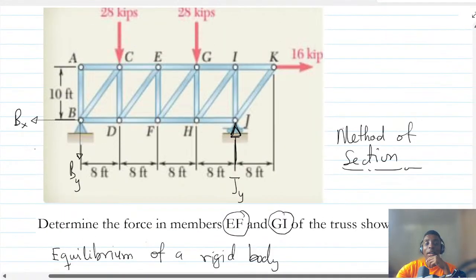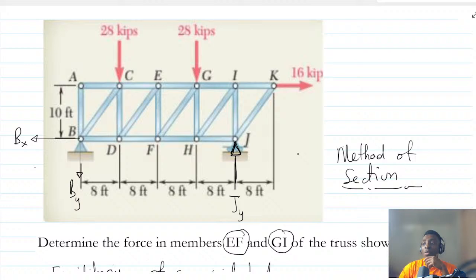So let's go to the diagram. How many forces do you see in the x direction? We have BX, and we have 16 kip, which is kilo-pound force.